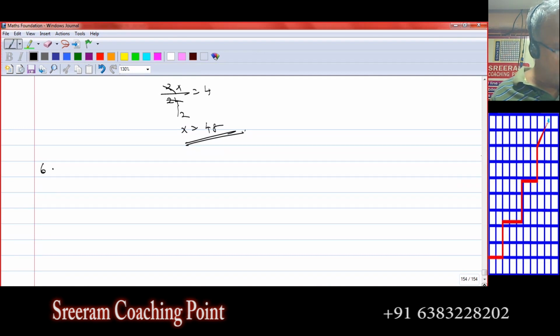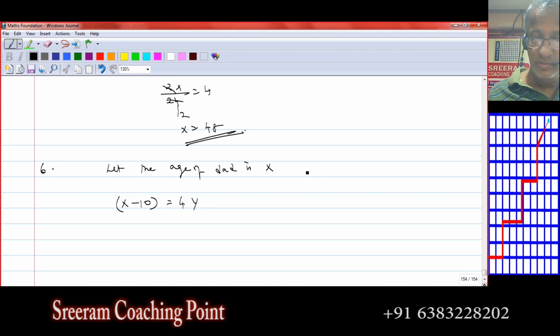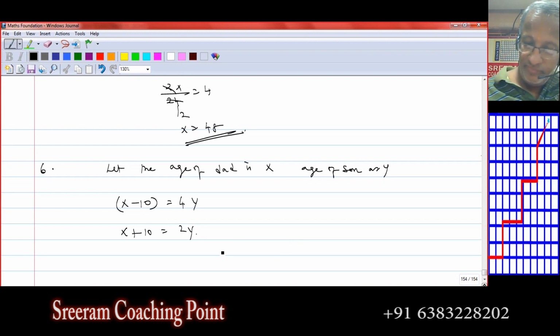Ten years ago, let the age of dad be x. 10 years ago, x minus 10 equal to 4 times his son's age y. 10 years hence, the age of the father will be twice that of his son. x plus 10 equal to 2y. Is that right? x minus 4y equal to 10.